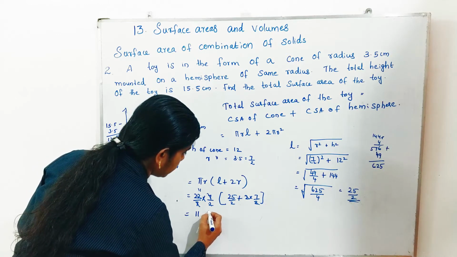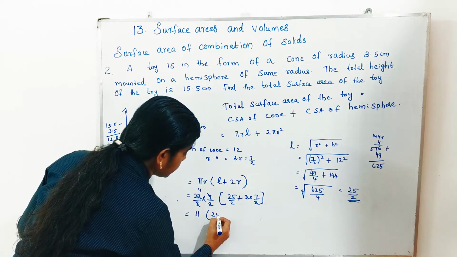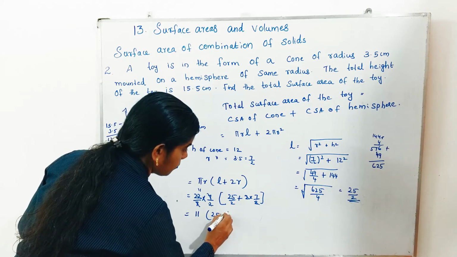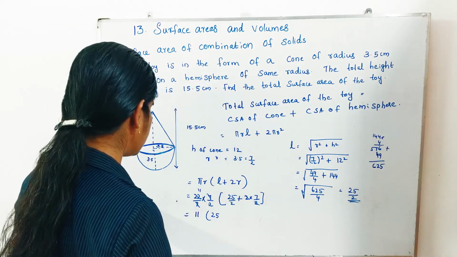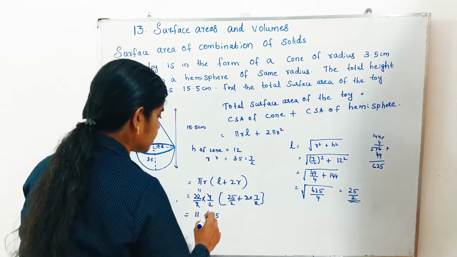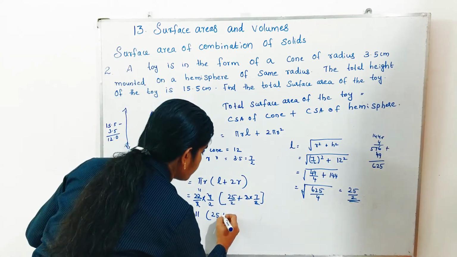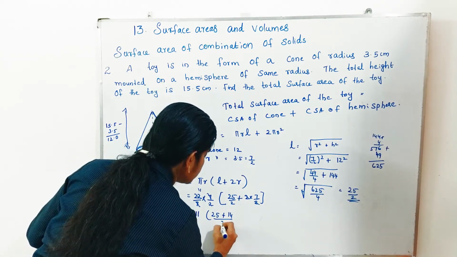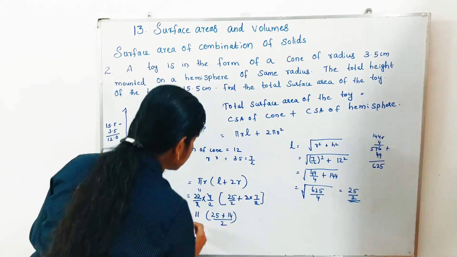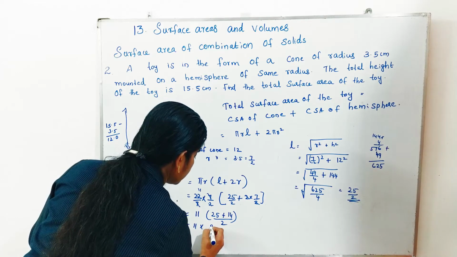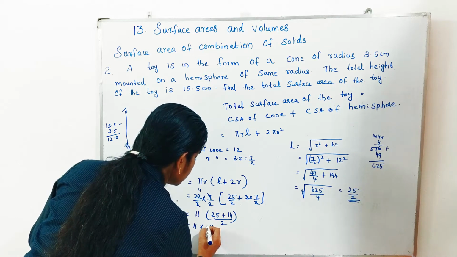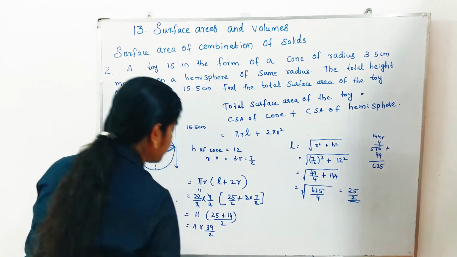Then 14/2. 25 plus 14, that is equal to 11 into 39/2.